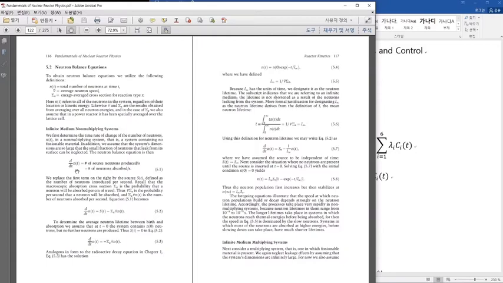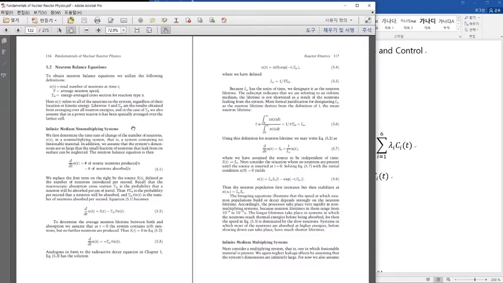We do not focus on the space dependency, or the energy dependency of a neutron density distribution. So it is simply n(t). And then we gradually try to establish the neutron balance equations.